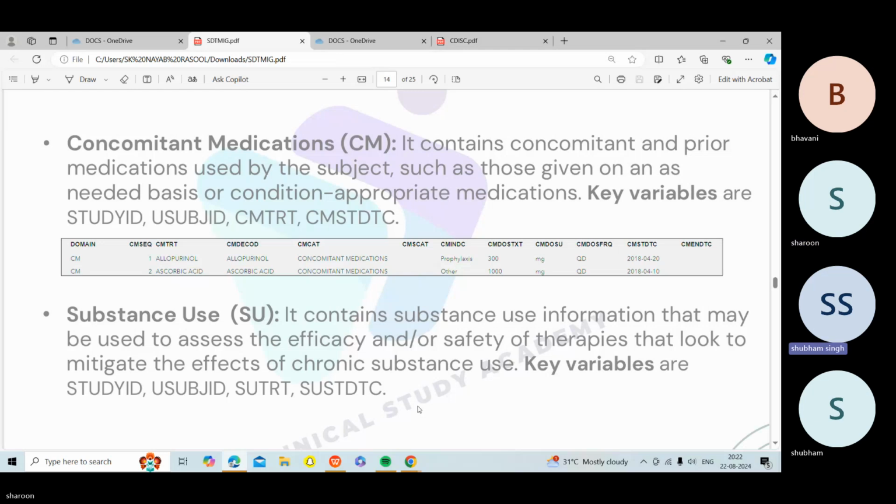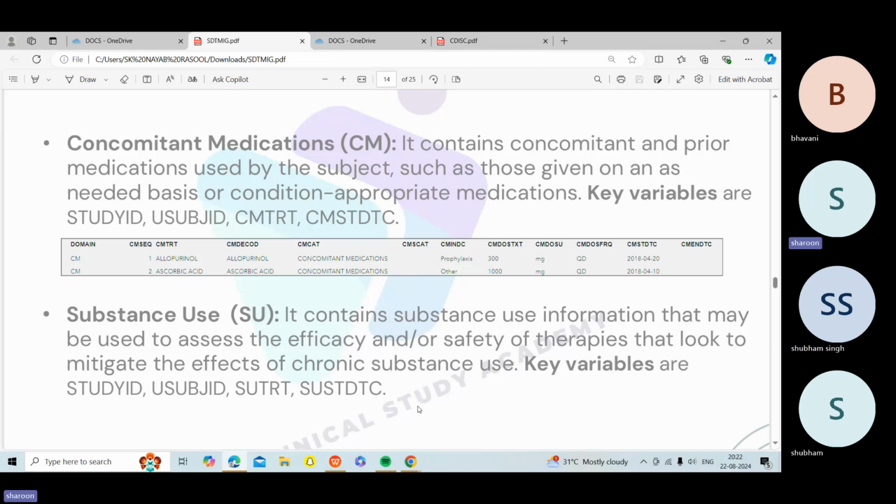And then the next data set is substance use. Substance use means, let's suppose we are enrolling a patient in the study. The patient can be consuming in the past drugs, tobacco, alcohol, anything. Maybe right now they have left, or they might be consuming right now as well.